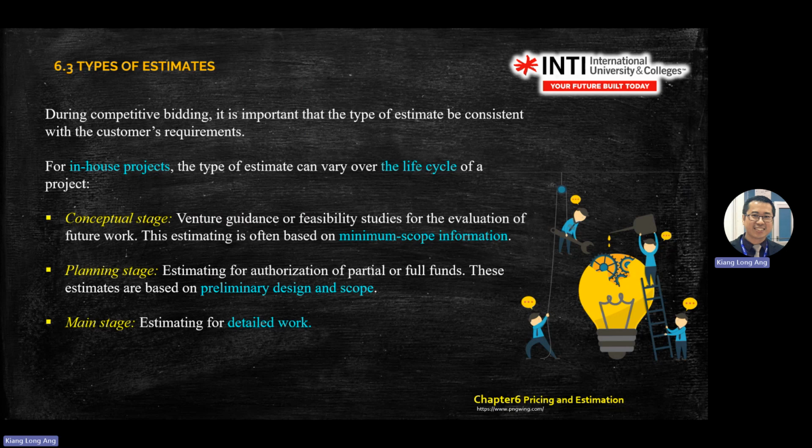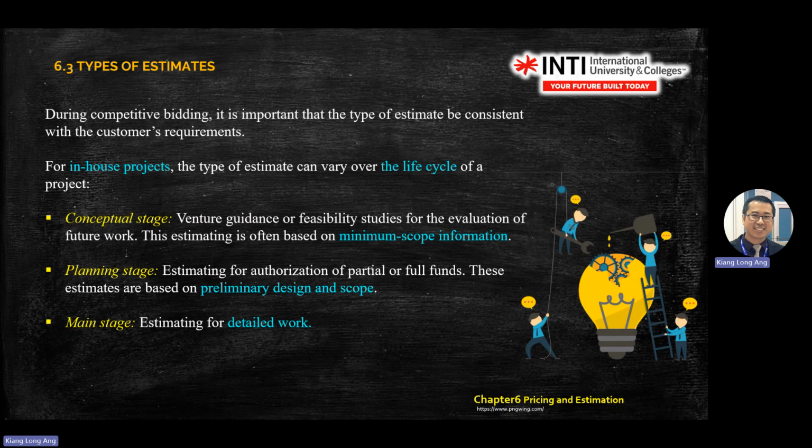So this is during bidding. You need to estimate for the customer requirement. So for example, the life cycle of the projects. You have a conceptual stage, planning stage, and main stage. Conceptual, you just brainstorm what you want to do, the concept, based on minimum scope information.